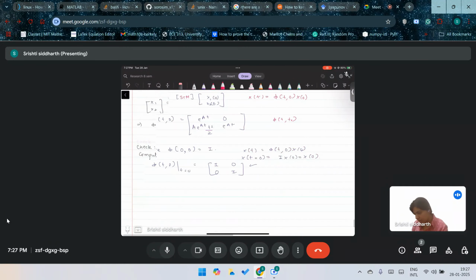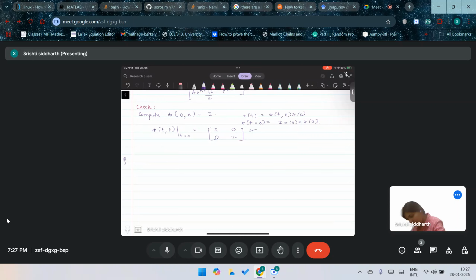so then we have the fifth question. What we are going to do is construct an LTV system from the state transition matrix.